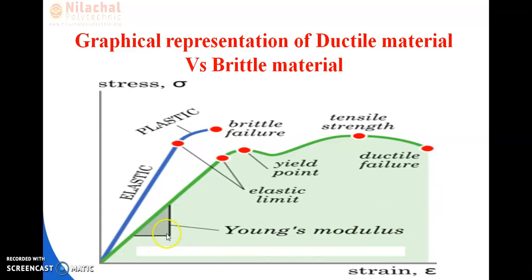So see, the green line indicates the variations of the stress strain diagram of mild steel, and the blue line indicates the stress strain graph of the brittle material. Okay, so you can see from the origin to the first red point, I told you this region is known as proportional limit.